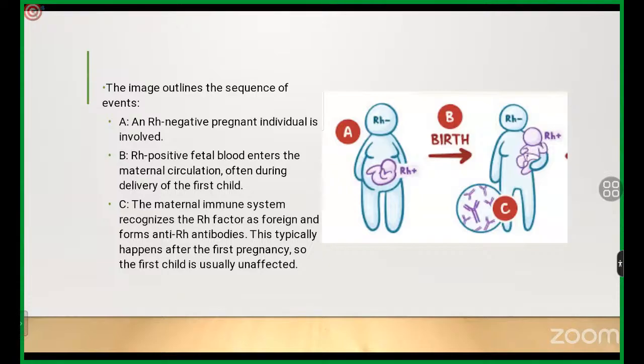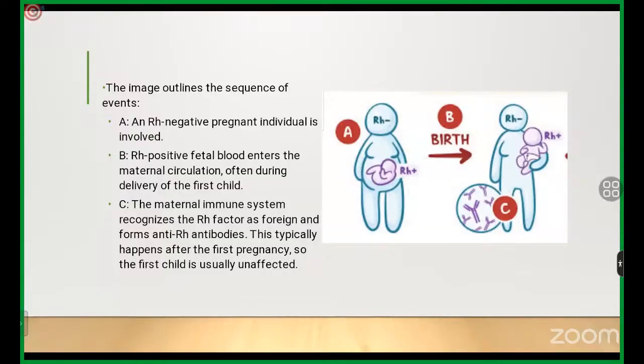When you look at this image, this is what we infer. The image outlines the sequence of events. First, image A, a rhesus negative pregnant woman is involved. And we see that the baby she is carrying is rhesus positive. So the rhesus positive fetal blood enters into mother's circulation.